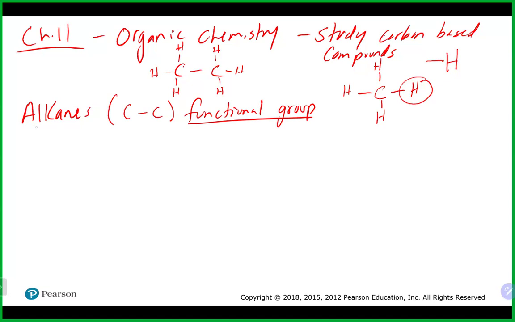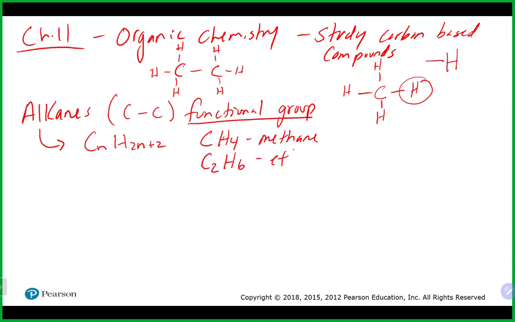Alkanes have a general formula of CnH2n+2, n being the number of carbons. If we have 1 carbon, we would have 2 times 1 plus 2, which is 4 hydrogens, and that is methane. If we have 2 carbons, we would have 6 hydrogens.